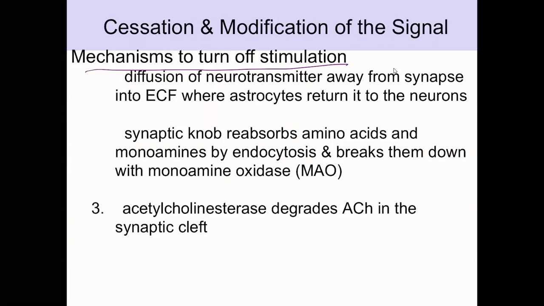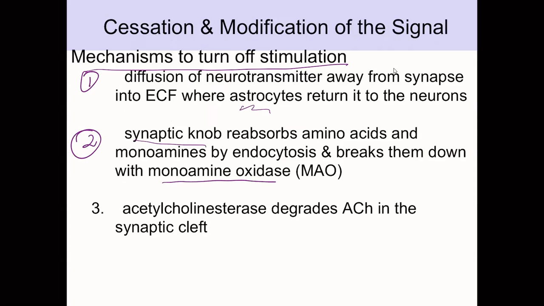Okay, now if you need to stop a neural signal, how do you stop it? There are three ways, and this slide is kind of messed up. One is the neurotransmitter could just diffuse away from the synapse, and then astrocytes absorb it. Another is the synaptic knob could take them up and break them down.